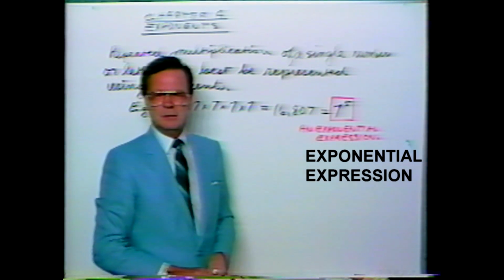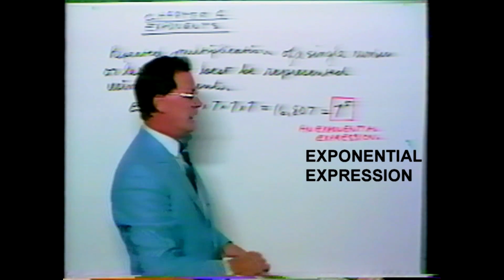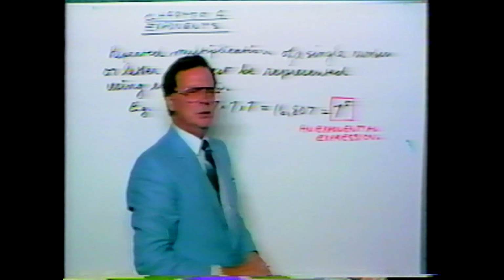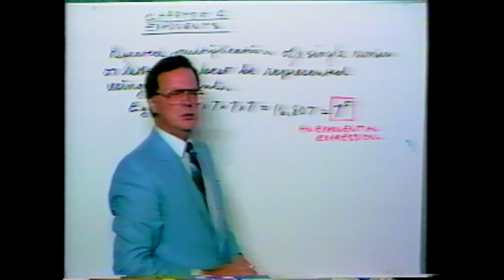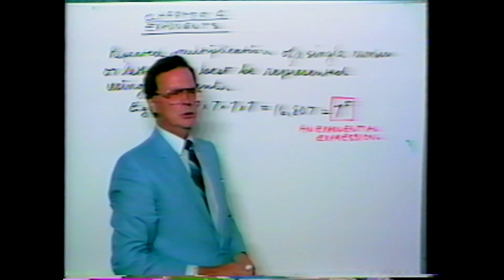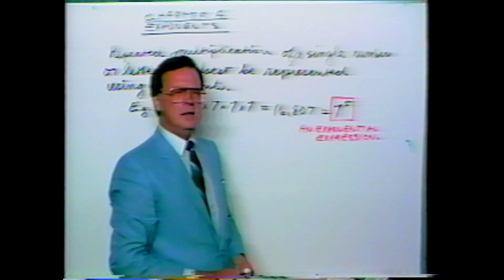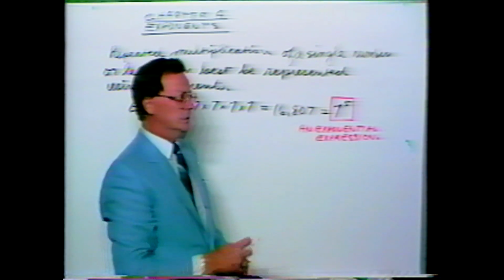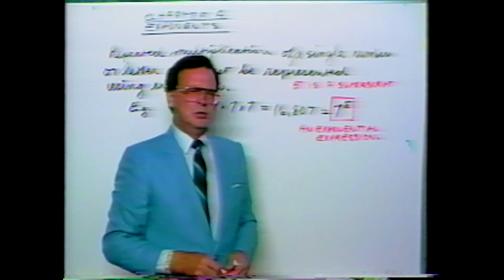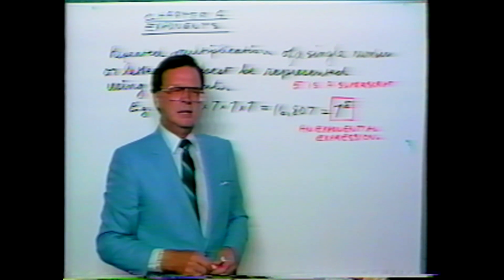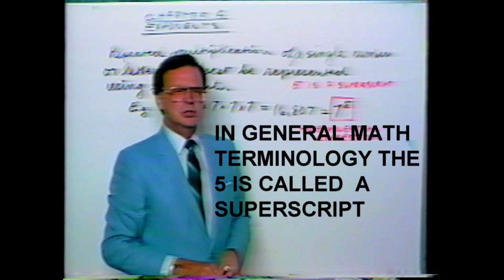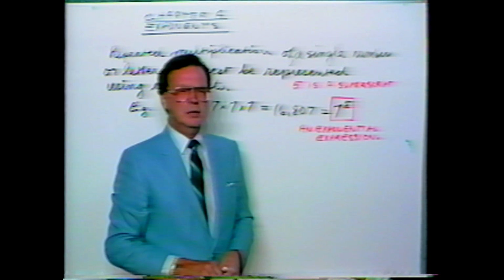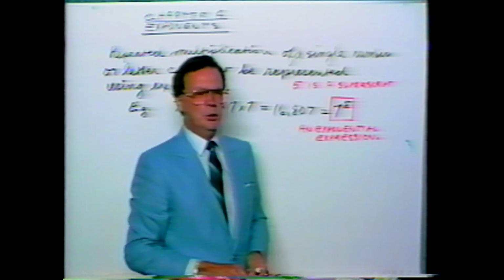The number 7 is written in normal size, whereas the number 5 is written very small and is raised. In general terminology, the 5 is called a superscript. Because superscripts have a special application in this lecture and in mathematics generally, superscripts such as 5 will always be properly referred to as exponents.